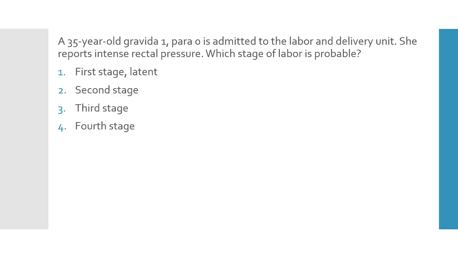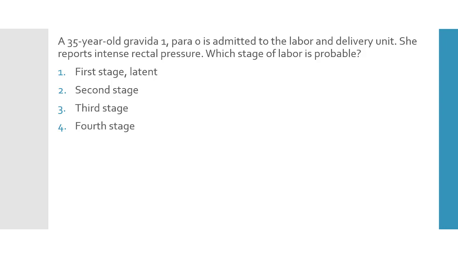Number 1, first stage, latent phase. This is not the correct answer. In the first stage, latent phase, rectal pressure is not usually felt because the fetal head has not yet reached the pelvic floor. Number 2, second stage. This is the correct answer. In the second stage, the urge to push is much more intense as the fetal head reaches the pelvic floor.